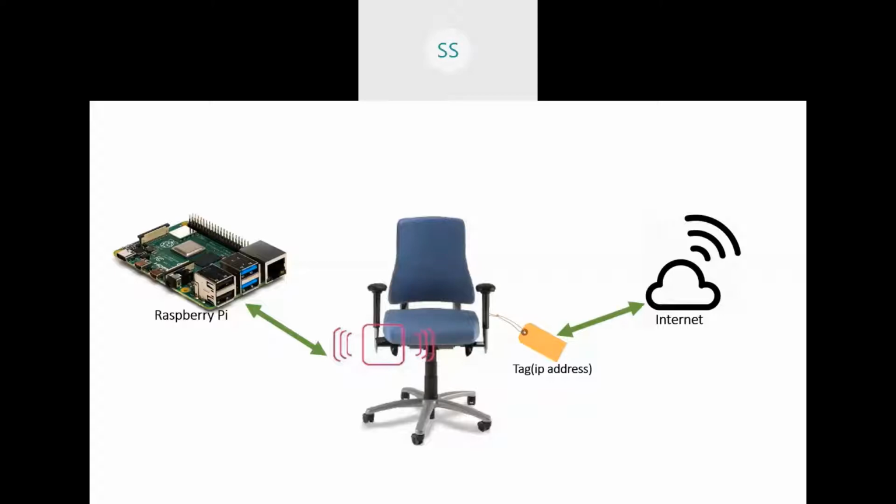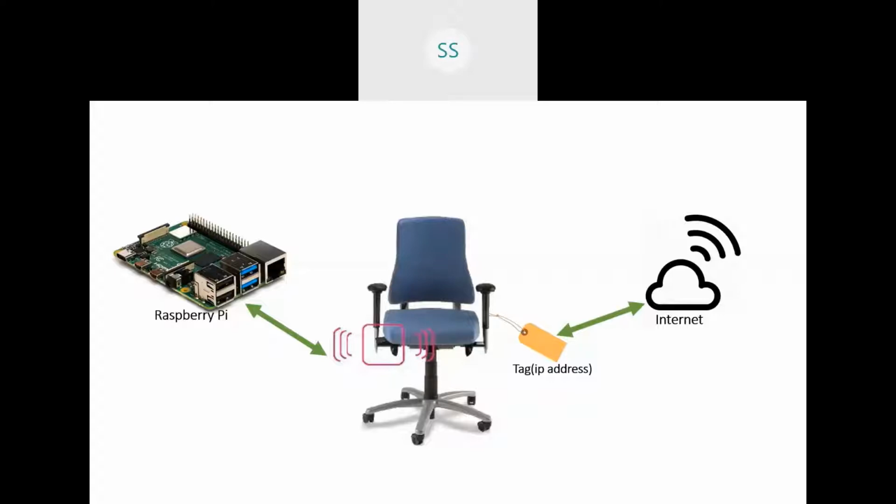In that case, I can put an actuator, a bar, in front of the chair, and if I allow a particular person to sit in the chair, I can lift the bar. So that bar will be an actuator.